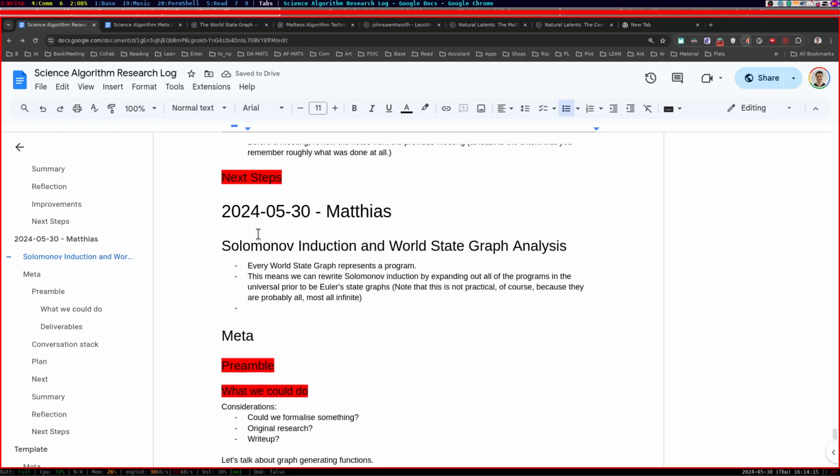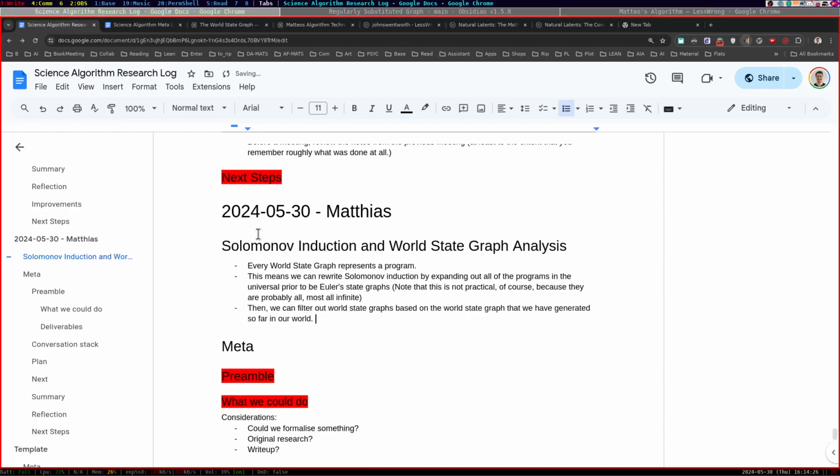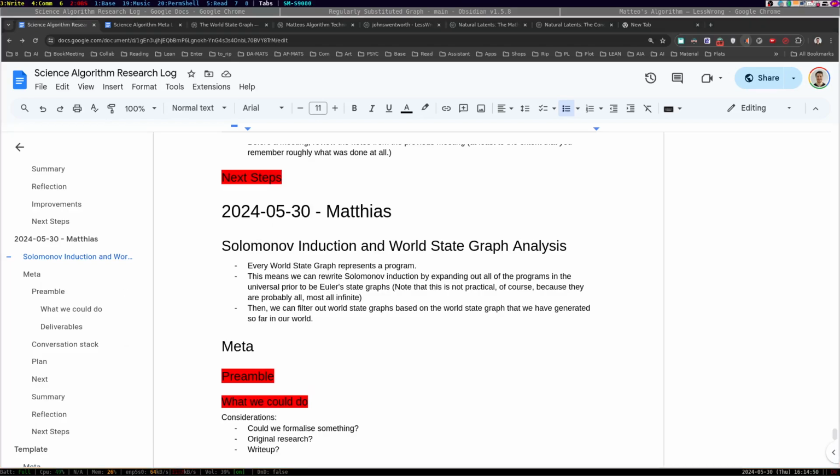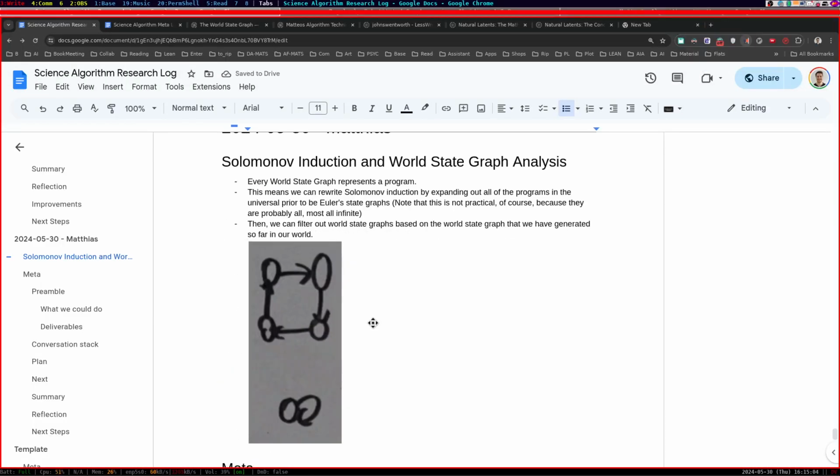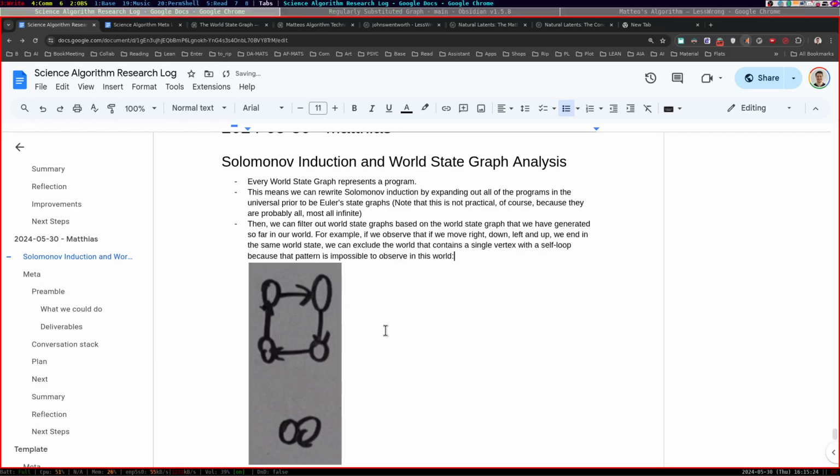Then we can filter out world state graphs based on the world state graph that we have generated so far in our world. For example, if we observe that if we move right, down, left and up, we end in the same world state, we can exclude the world that contains a single vertex with a self loop, because that pattern is impossible to observe in this world.